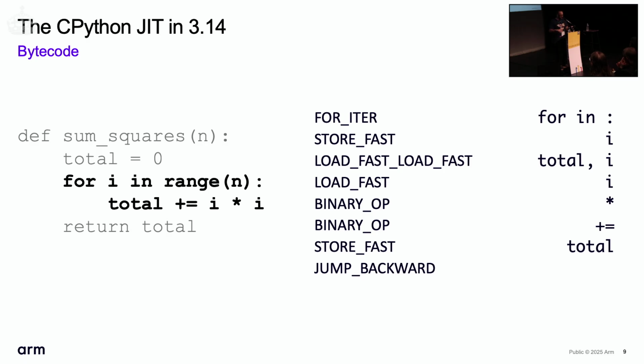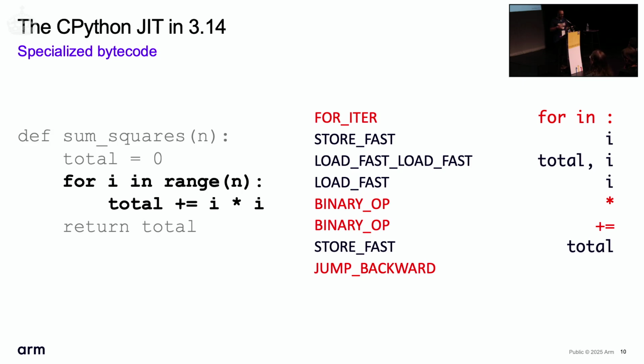These instructions are intentionally broad. For example, BINARY_OP handles any Python multiplication or addition, whether it's an integer, floats, lists, or even user-defined objects. This flexibility is great, it is what makes Python great, but it's not ideal for performance. And in a moment, you'll see how CPython rewrites some of these instructions at runtime based on the observed types to make them faster.